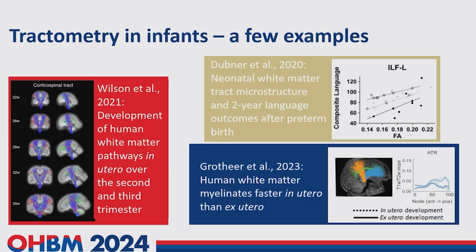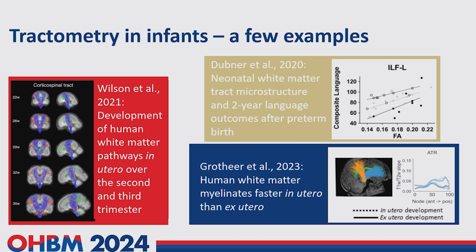So just to illustrate what one could do when applying tractometry to infants, here are a few examples that I pulled relatively randomly from the literature. For instance, Wilson and colleagues identified white matter bundles in utero, so before the infants were even born, and then evaluated their microstructural development in utero as well. Dubner and colleagues, on the other hand, looked at white matter properties at birth and found that these properties actually predict the 2-year language outcomes of the infants that were born preterm.